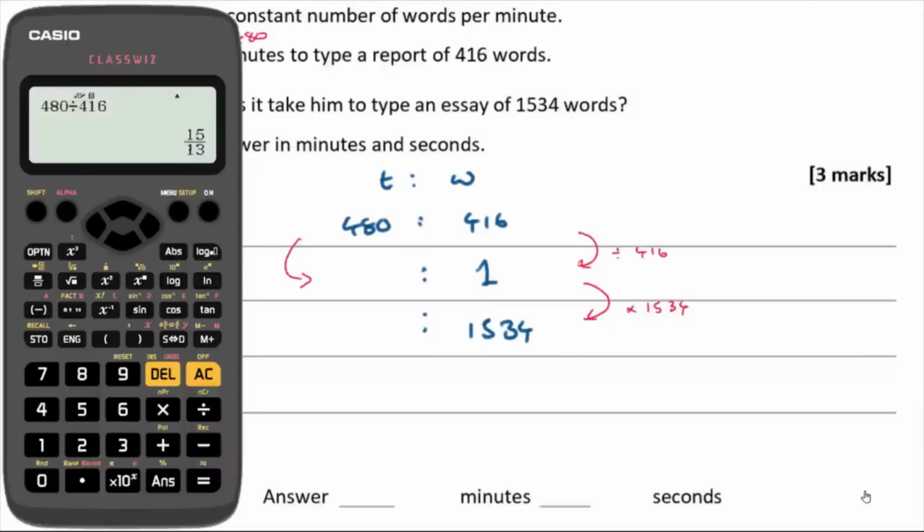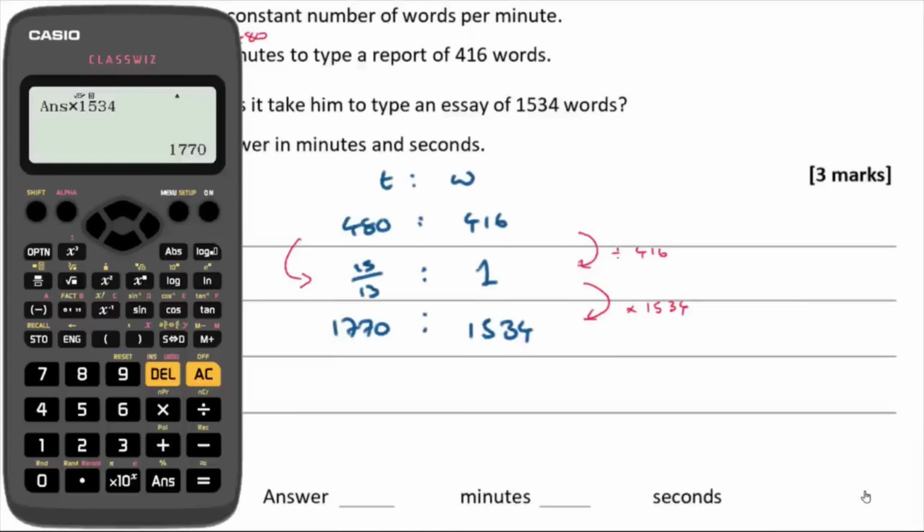I might just write it down as 15 over 13 because it'd be quicker. So 15 over 13, and then multiply that by 1,534. I get 1,770. So that means it takes 1,770 seconds to type that amount of words.